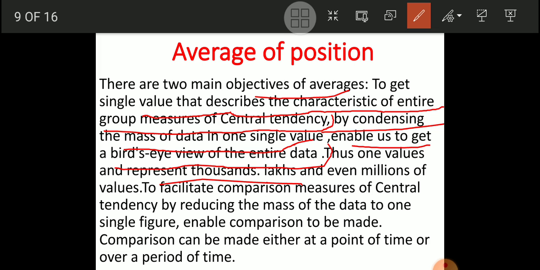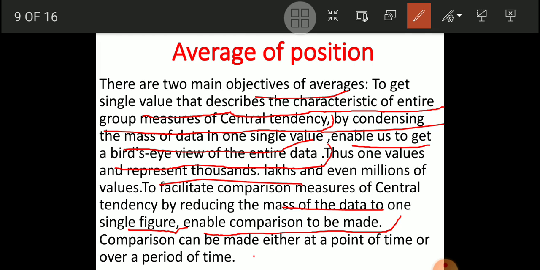And to facilitate comparison, measures of central tendency reduce the mass of the data to one single figure, enabling comparison to be made, either at a point of time or over a period of time.